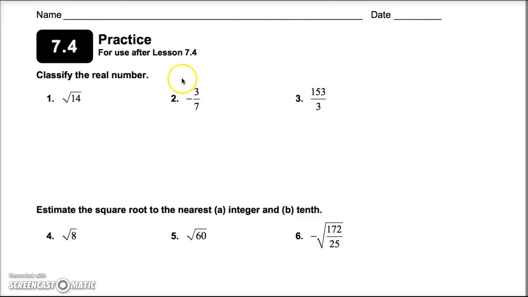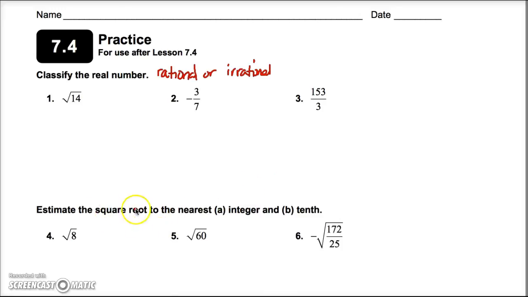So I just want to clear a few things up real quick. For numbers 1, 2, and 3, it says classify the real number. So all it wants to know is basically, are each of these rational or irrational? And you can refer back to the beginning of the video or the very first page to see the difference between those two.